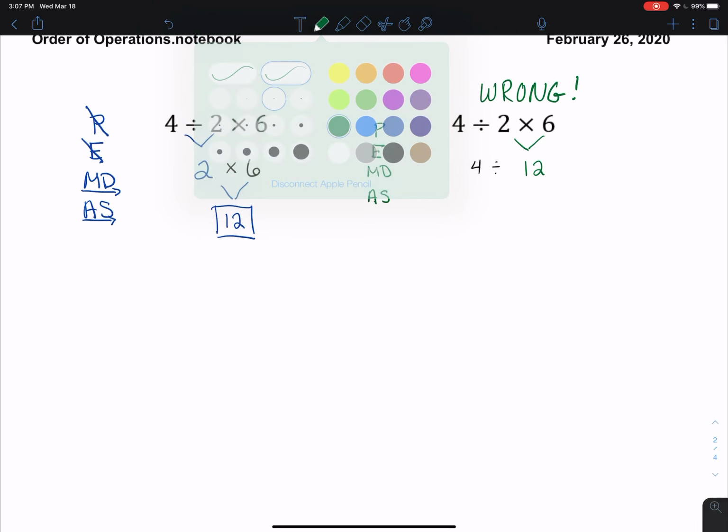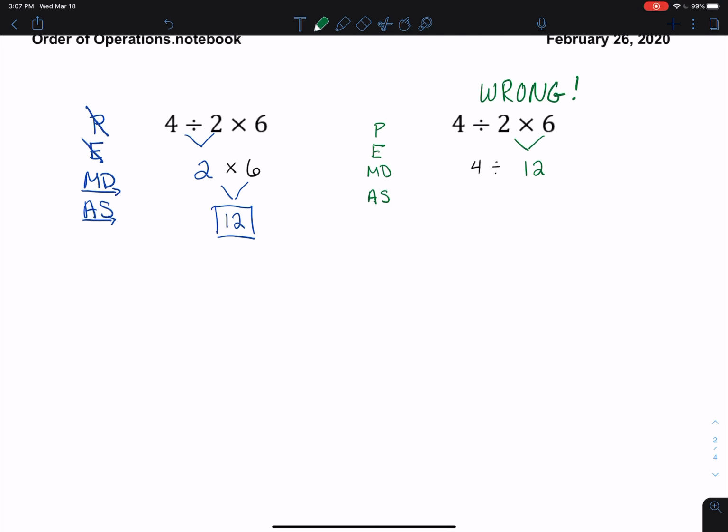And when I do 4 divided by 12, I'm going to end up with the fraction 1/3, or if you plug it in your calculator, you might end up with 0.3 repeating. Right? We get different answers. That's why it's important that we follow the order of operations so that we get the same answer no matter who's doing the problem. So remember, multiplication and division have to go left to right in the problem.